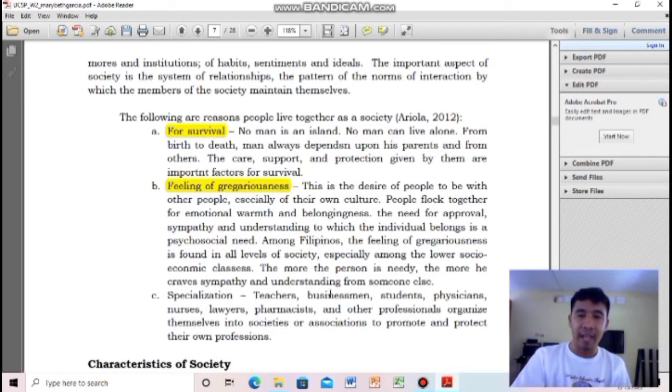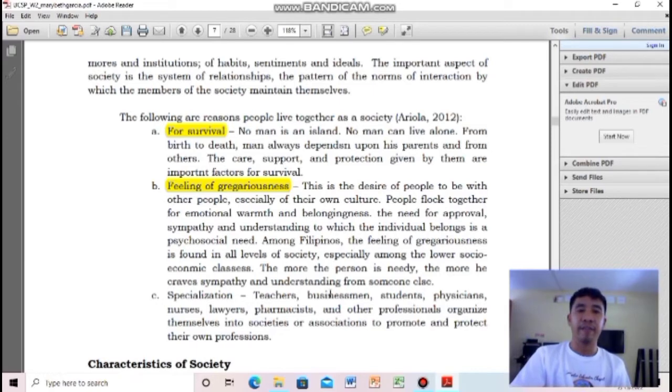Sympathy or simpatya, kinahanglan kita sang simpatya sa iban nga tawo. There are times in our life we really need sympathy from others, especially during our downtime. Next is understanding, pag-intindi. So these are things that belong to psychosocial need.